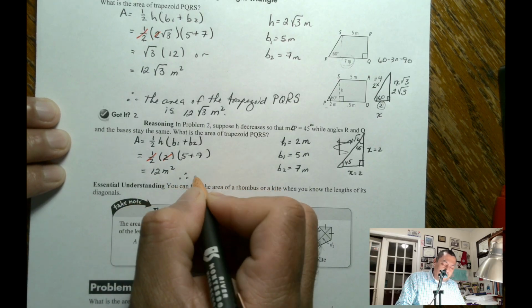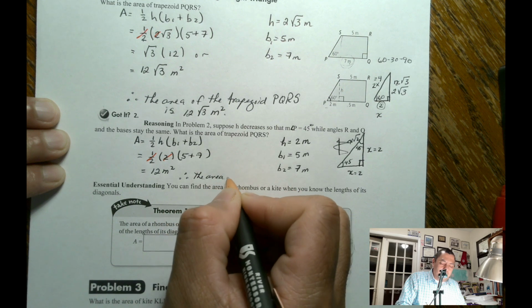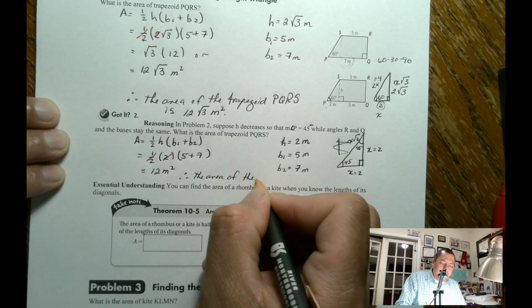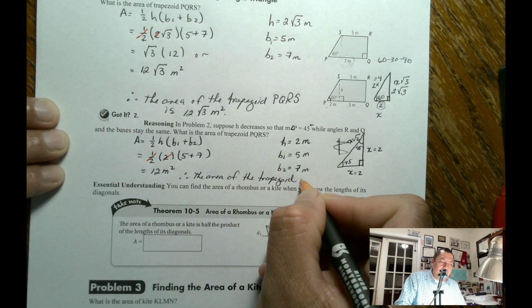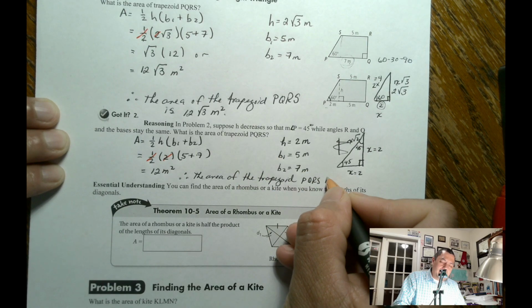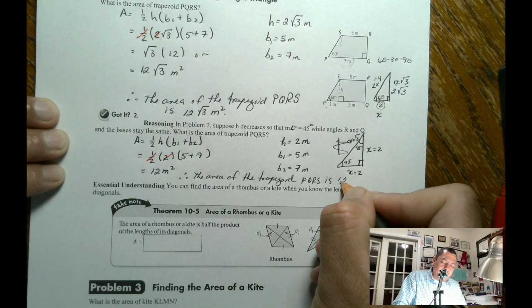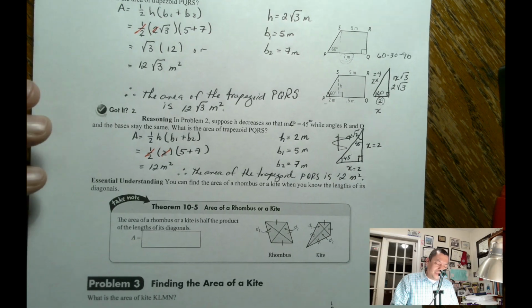Therefore, I'm going to answer the question: the area of the trapezoid PQRS is 12 meters squared.